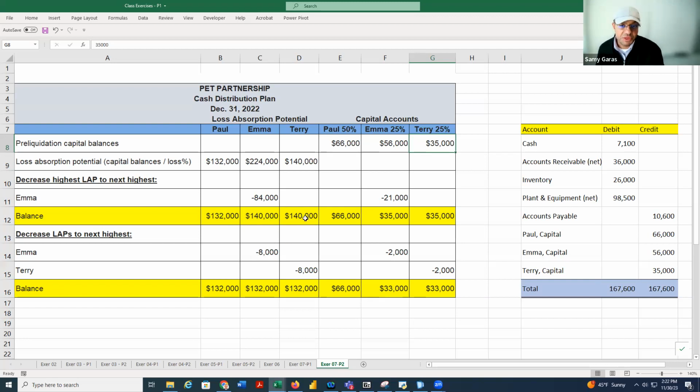And then we take 8,000 times 25%, we get 2,000. 8,000 times 25%, we get 2,000. Then we subtract it, and we see the second LAP will reduce Emma's capital to 33 and Terry's capital to 33. Now, we said that we have cash of 7,100 and we will make a sale of assets for 111.